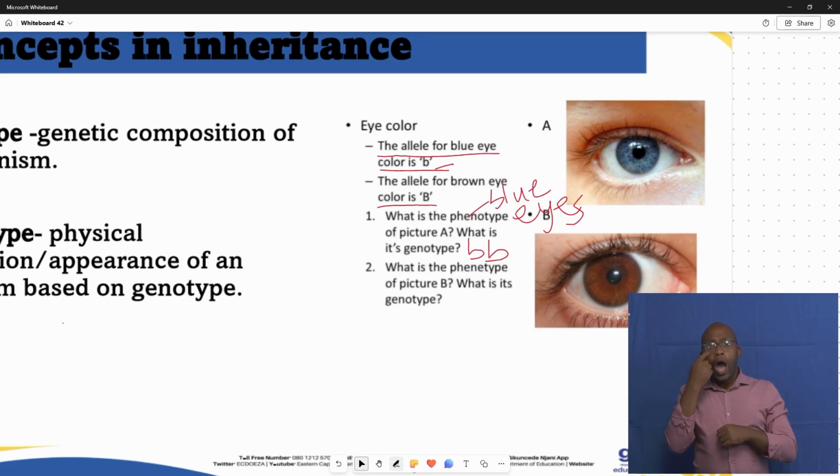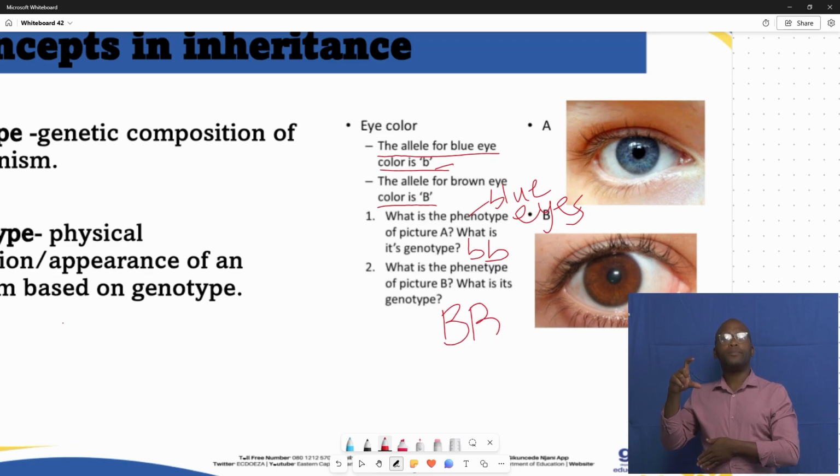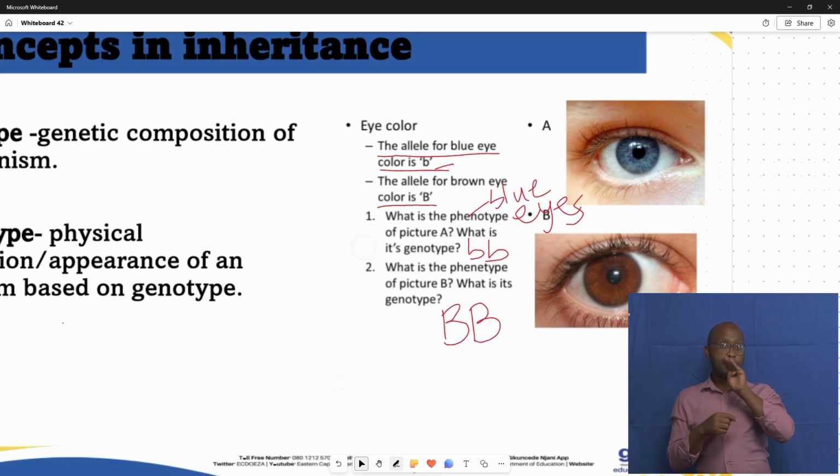We were told that the allele for brown eyes is B. But remember, a genotype needs to show two alleles. So the genotype for this one, for now, we can represent as two uppercase B's. Now, let us move on and talk more about these alleles.